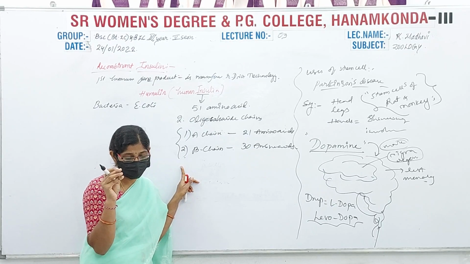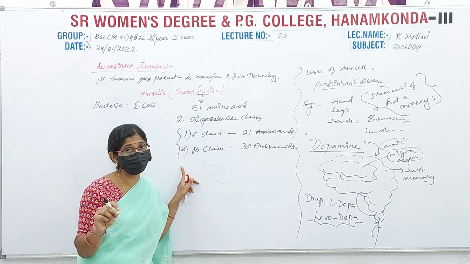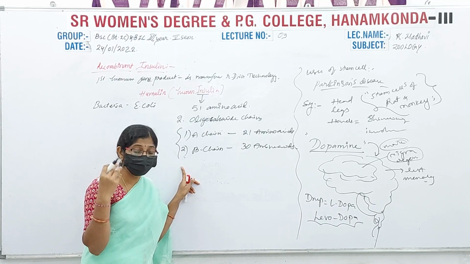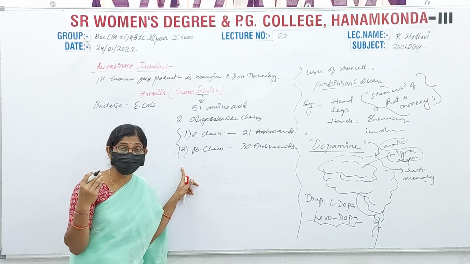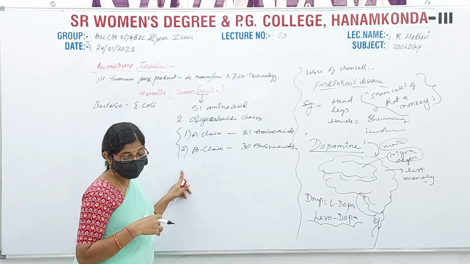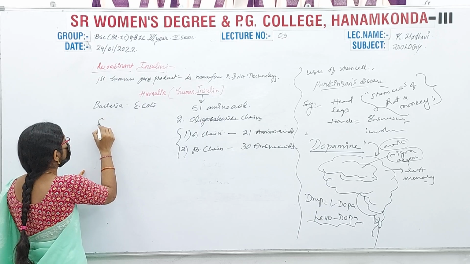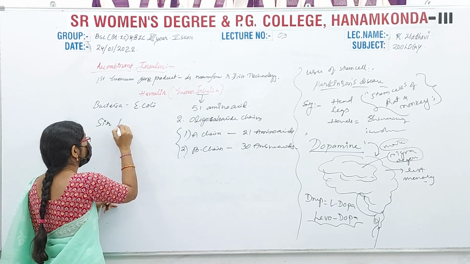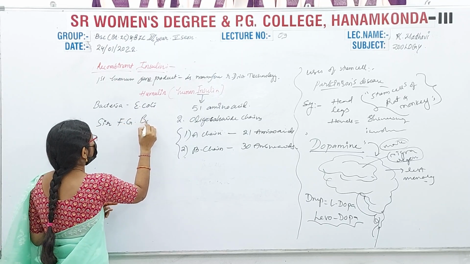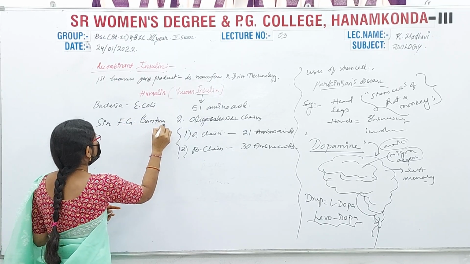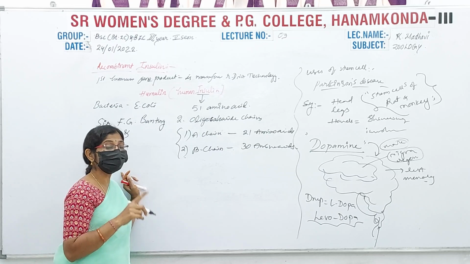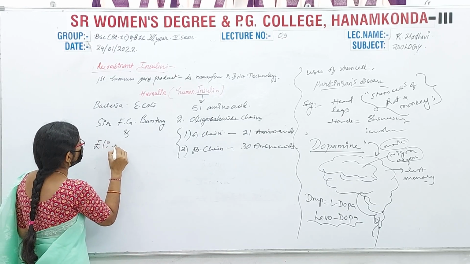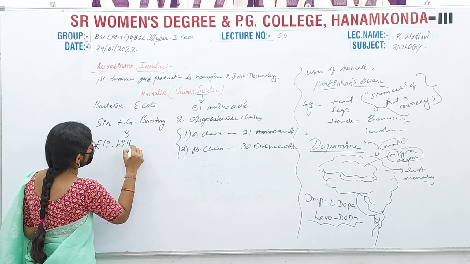Insulin was first discovered by the scientist Sir F.G. Banting, and another scientist, Eli Lilly.